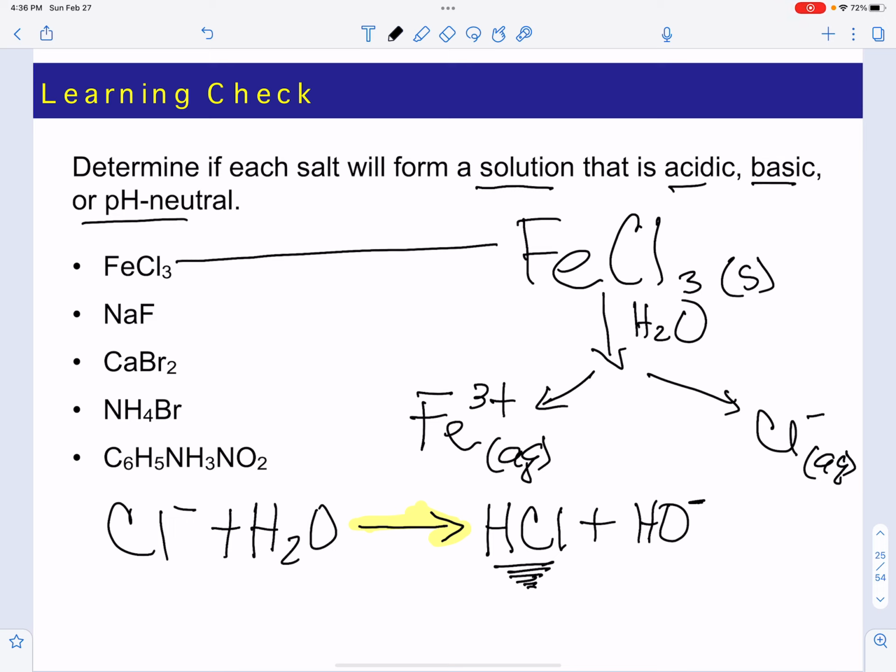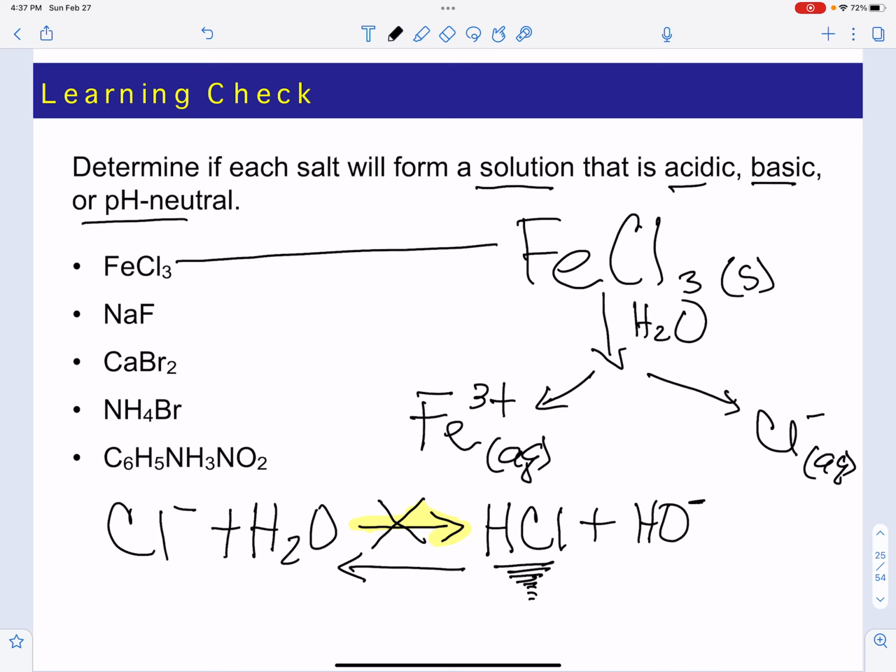Remember, you need to know those 7 strong acids. So I produced a strong acid, and strong acids will break apart. They are strong acids because they are not going to form an equilibrium. So there's no equilibrium, so that cannot happen. So when you put chloride in water, chloride is such a weak base. How do I know chloride is a weak base?